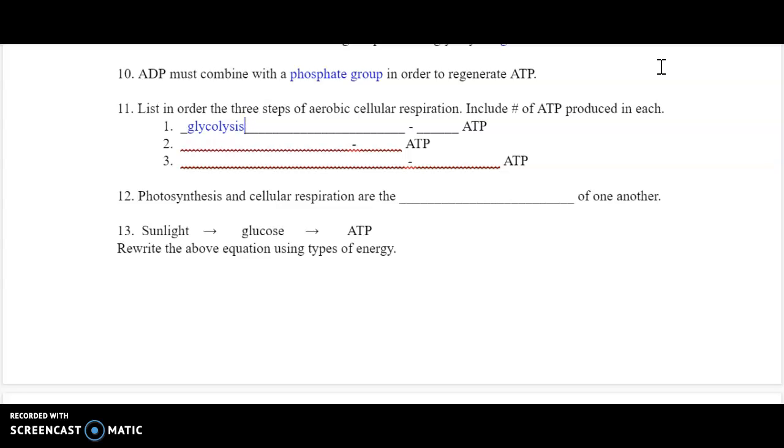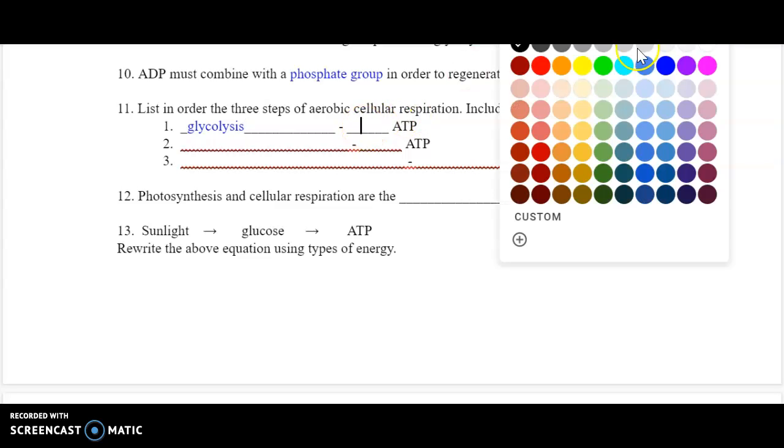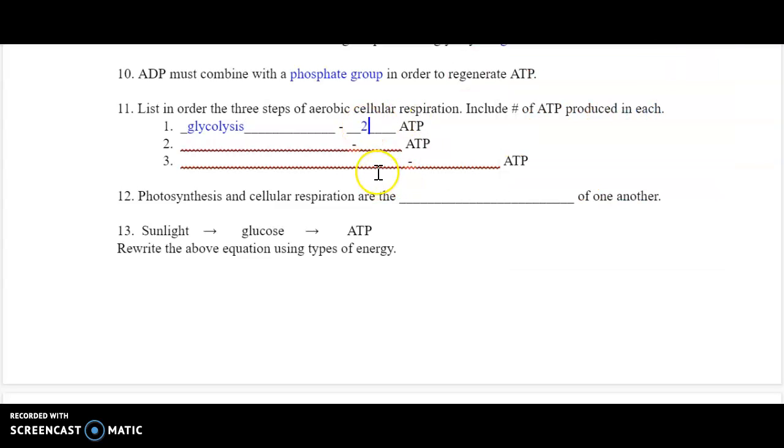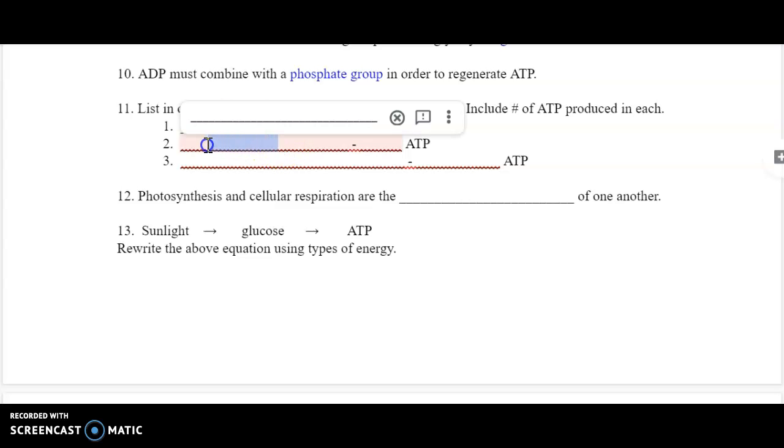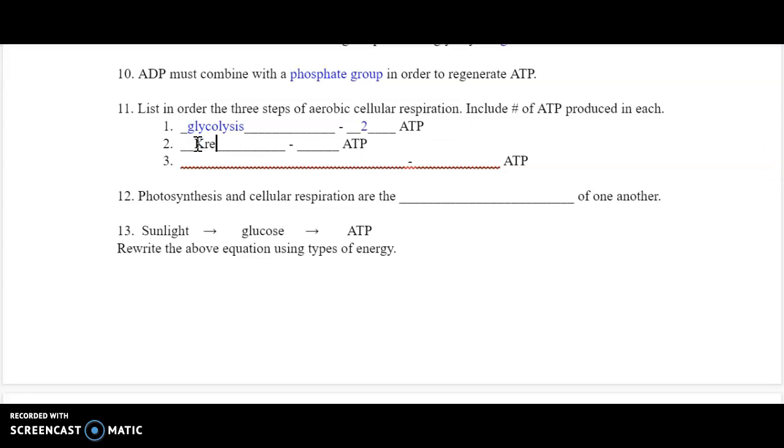And that was where that glucose was being broken down. And glycolysis gives 2 ATP. That next step was the Krebs cycle. And it too gave 2 ATPs.